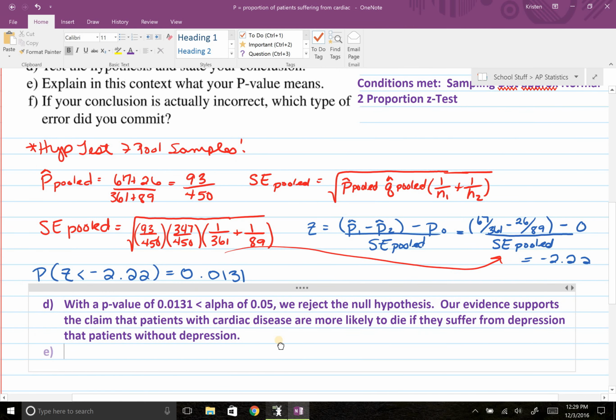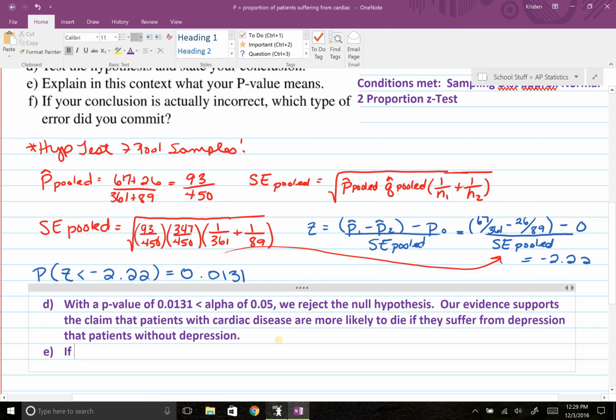Now, it does go on and it says for part E, explain in context what your p-value means. Now, recall your p-value is the interpretation of that number 0.0131. So we get to say that the p-value is always if the null hypothesis were true.